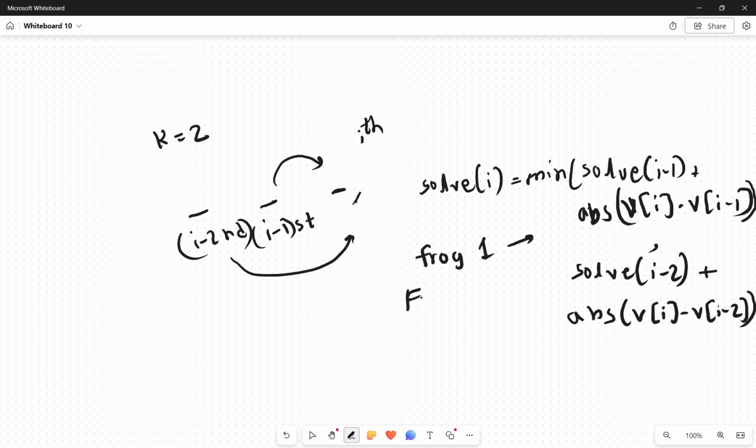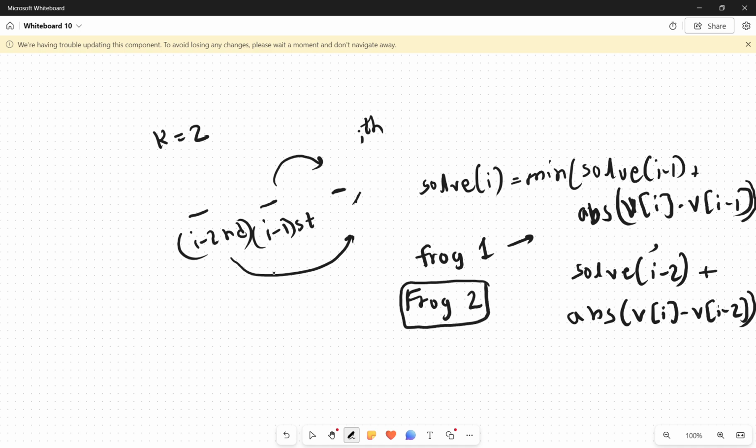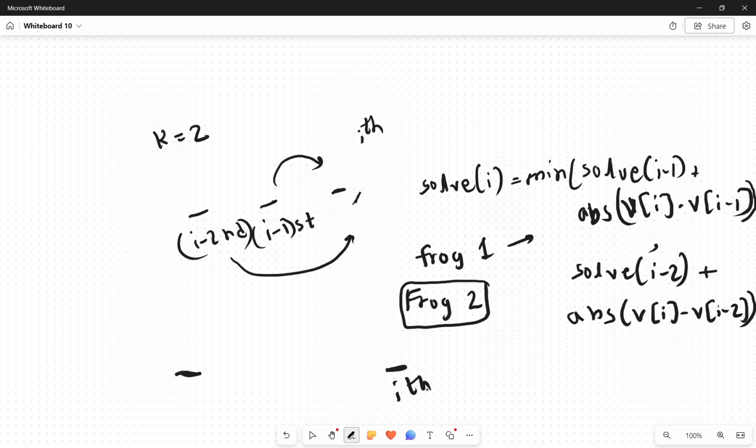So for Frog 2, what we can do is this: this is the ith stone, this is the i minus first stone, this is the i minus second stone, and so on up to the i minus kth stone.